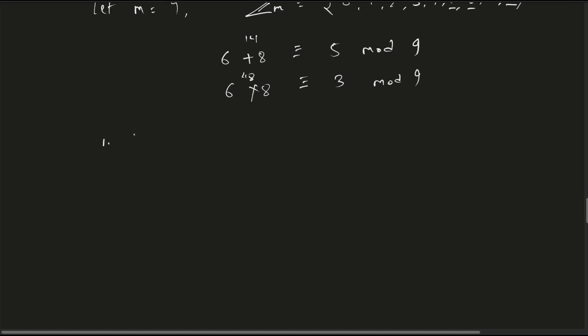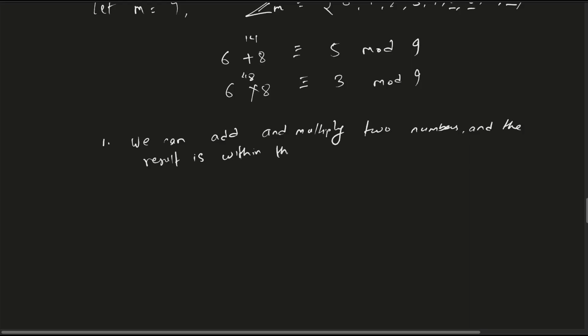One is we can add and multiply two numbers, and the result is within the ring, so in this case the ring is said to be closed.